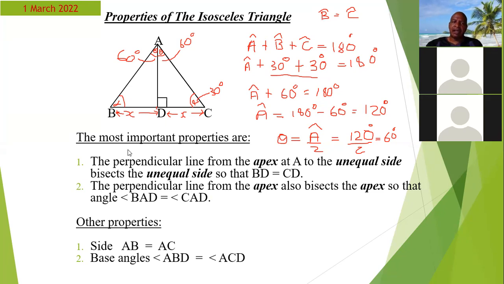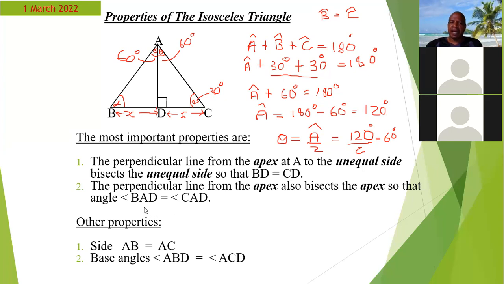So the apex angle, which is A, is cut into two angles by that perpendicular line, such that you will have one angle, the angle BAD, which would be on the left side, the left right-angle triangle at the top.